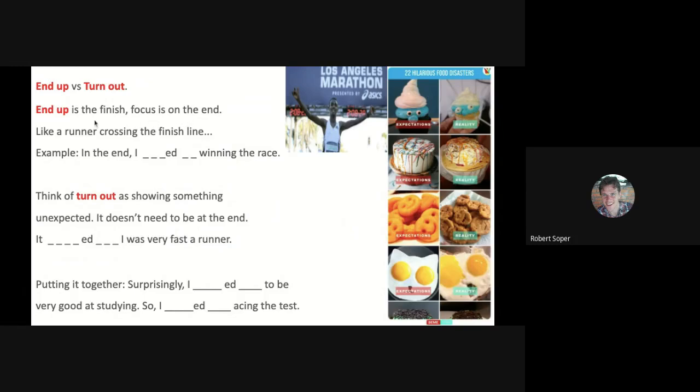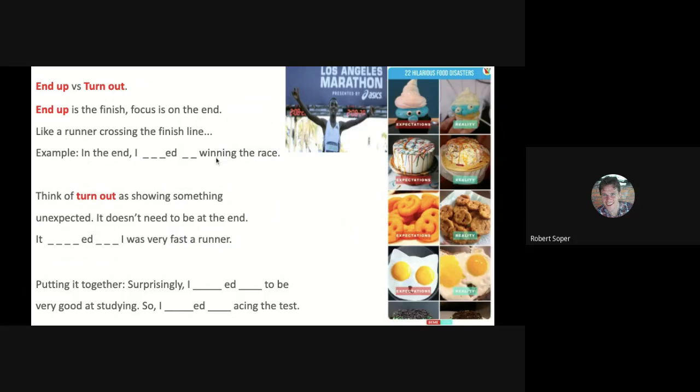So let's look at the example of a runner crossing the finish line. An example sentence here could be, in the end, I ended up winning the race. This is a good example because here the focus is very much on the end.